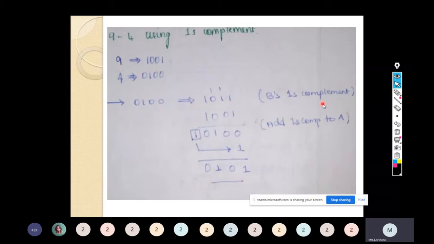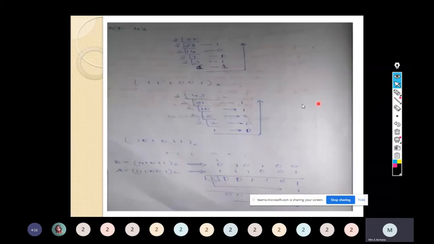Next example. If it is a single digit, we can easily convert it using 8421 code. 57 minus 43. By the successive division method, we divide 57 by 2 and get the binary number 111001.